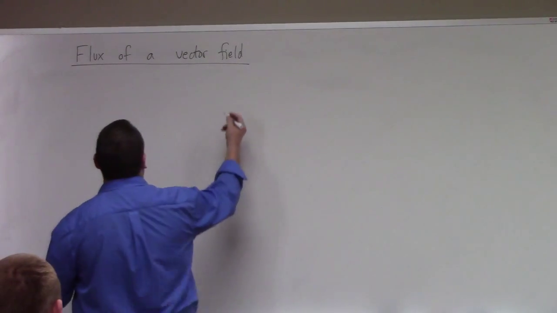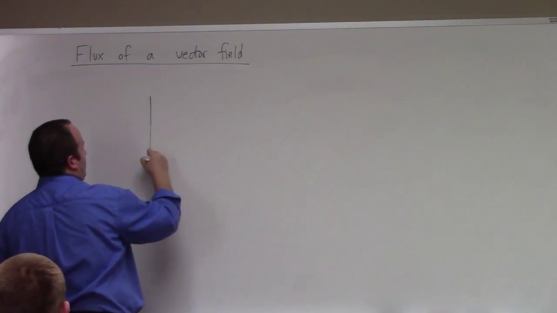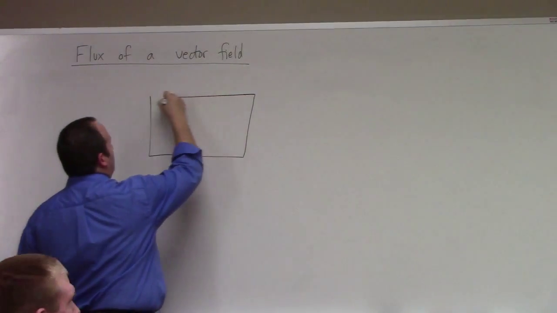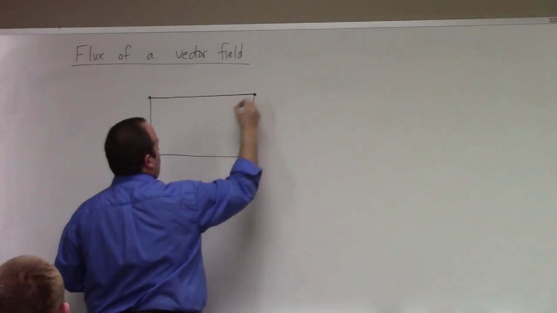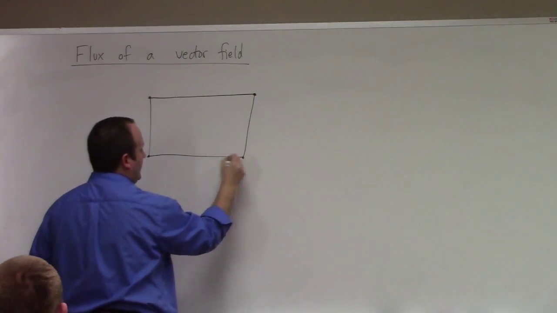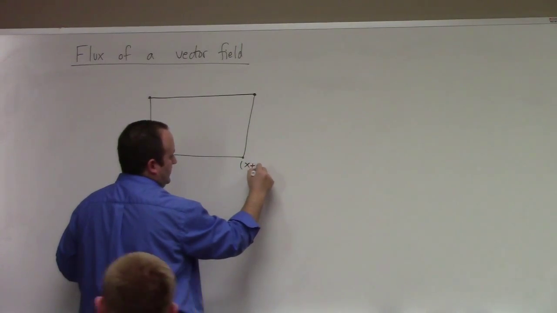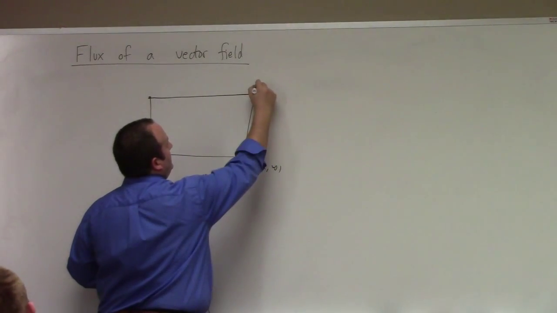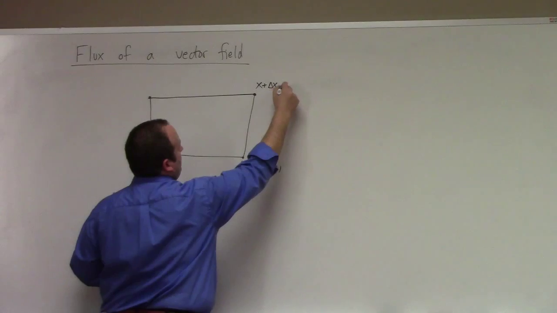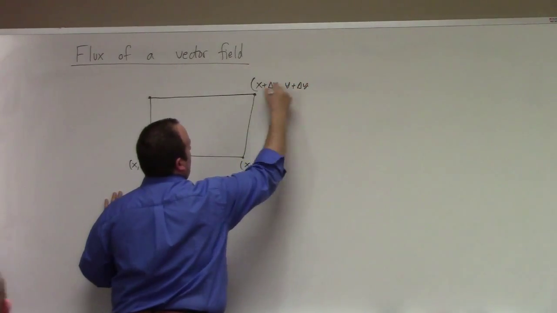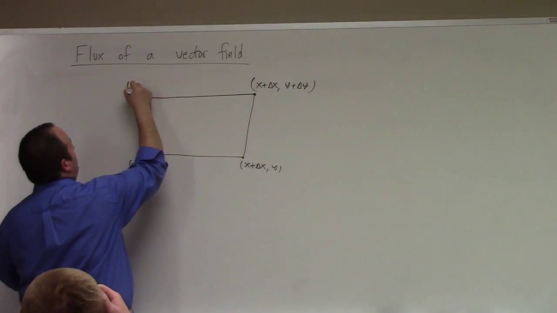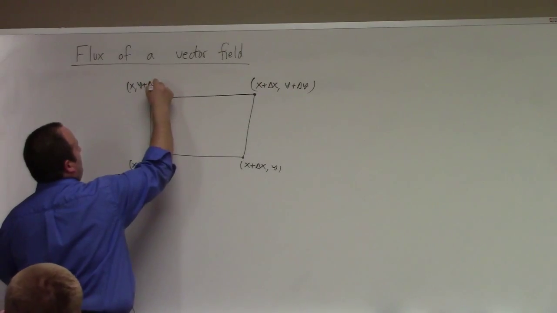So the other way we could look at this is to draw the little rectangle again, replicating what I just did. (x, y), (x plus delta x, y), (x plus delta x, y plus delta y), and (x, y plus delta y).